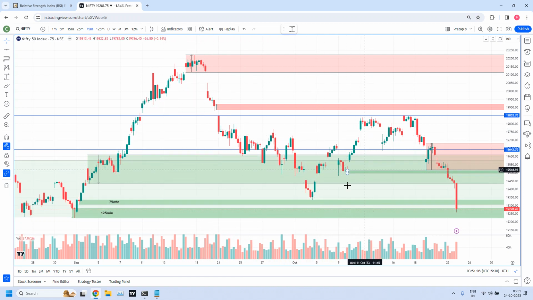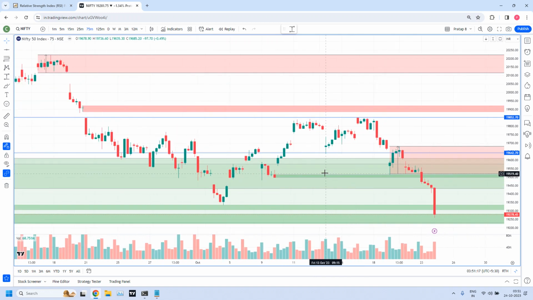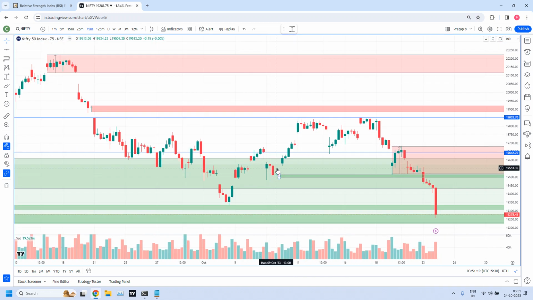If lower time frame fresh zones are there inside the high liquidity zone, more than 90% of the times, they are working. That is what we have seen all these days. For the last 3-4 weeks, we have seen all successful trades. Only one trade failed.